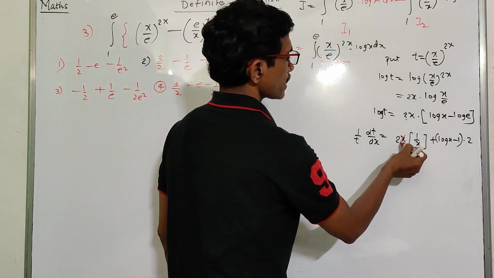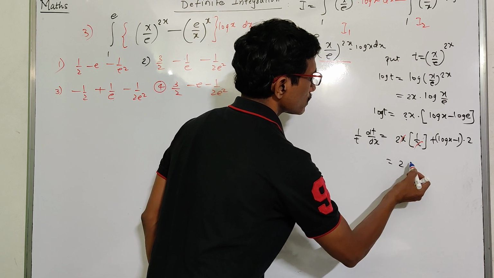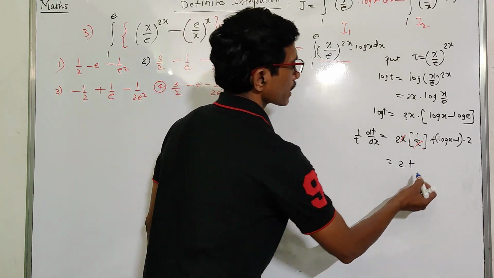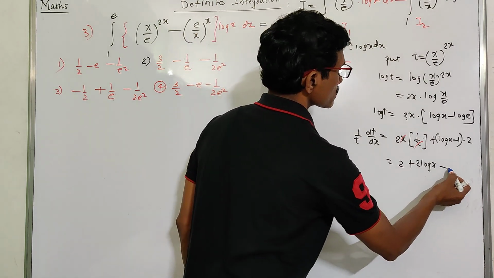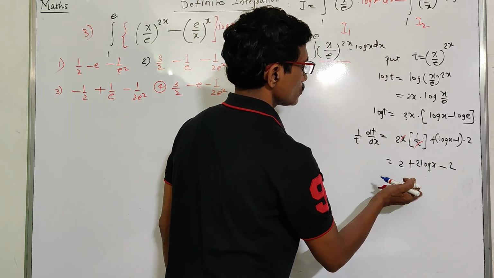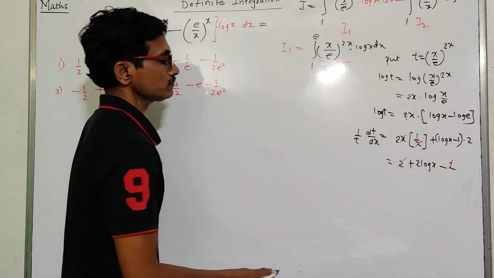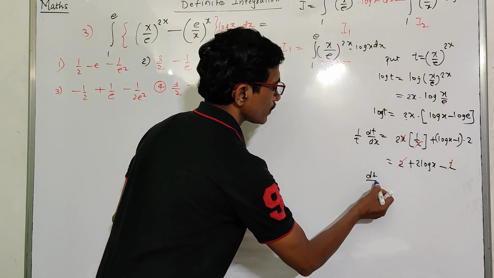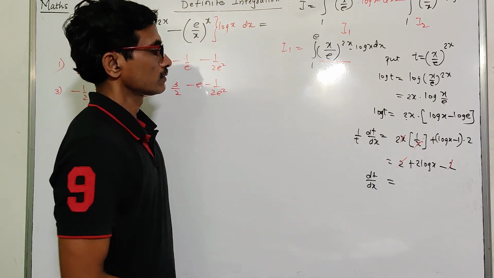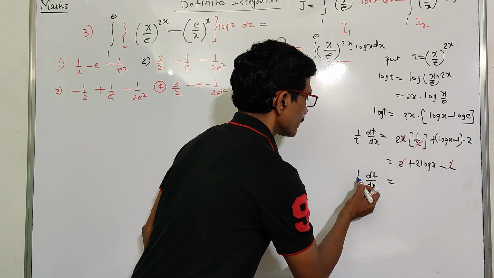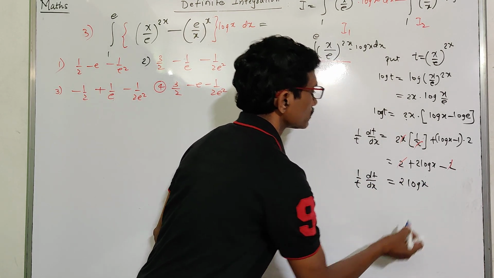So this x is getting cancelled. It is 2 plus 2 log x minus 2, and this 2 is getting cancelled again, so that 1 by t dt by dx is equal to 2 log x.